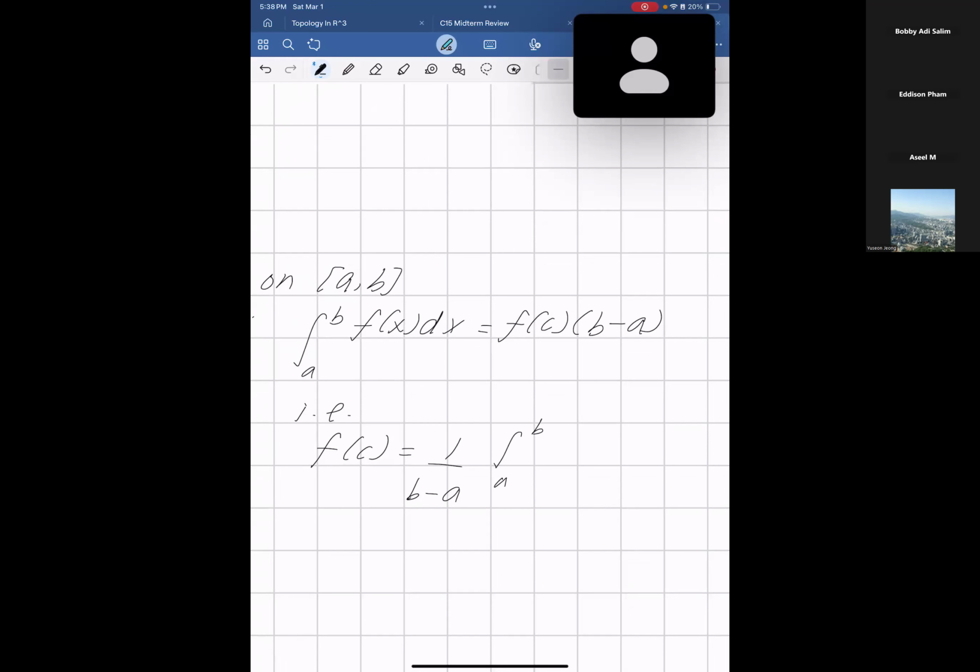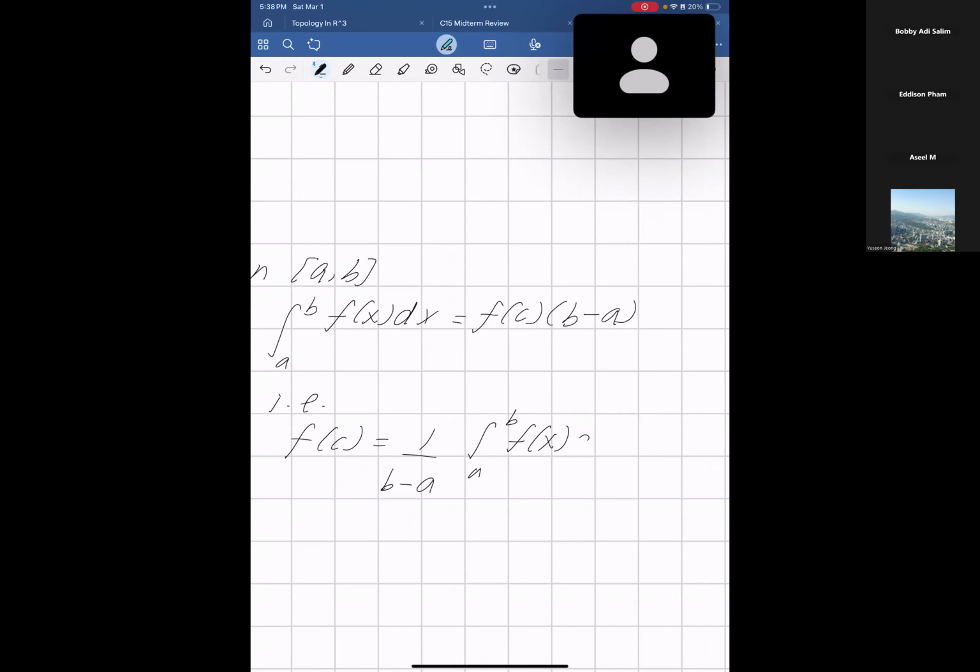This has to do with the average of the function. At some point, your function is going to equal the average.